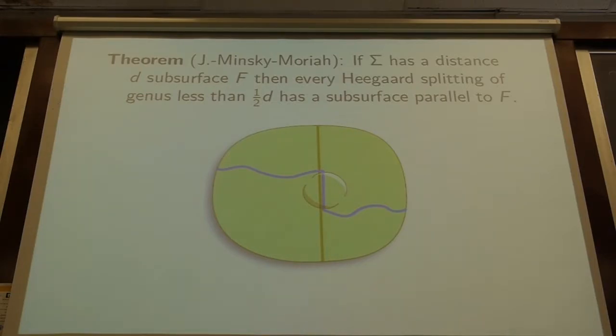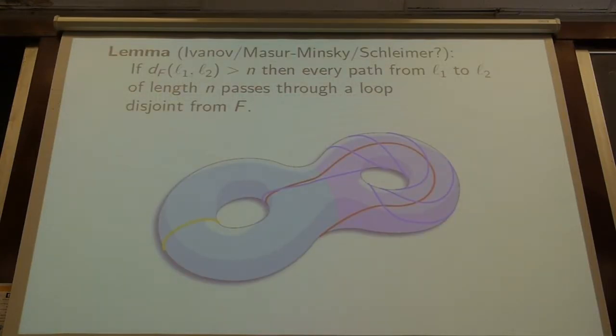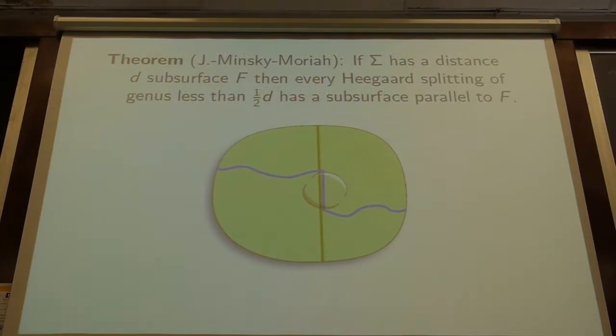So in order for this blue surface, a Heegaard surface, to get from one side of the bubble to the other, the most efficient way to get across it is to be parallel to the narrow direction of the bubble. So this is a three-dimensional analog of this lemma. Again, high-distance subsurfaces correspond to hyperbolic columns.